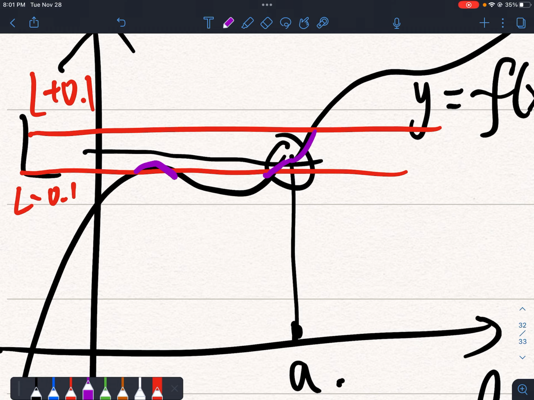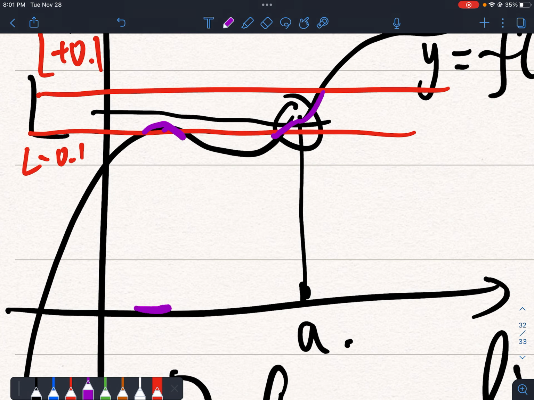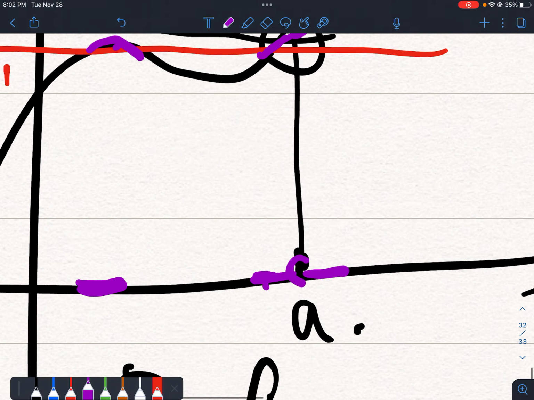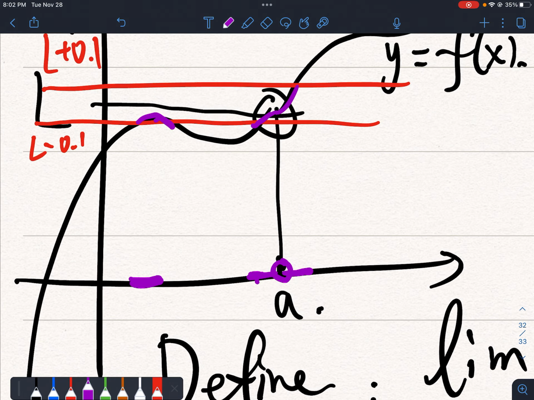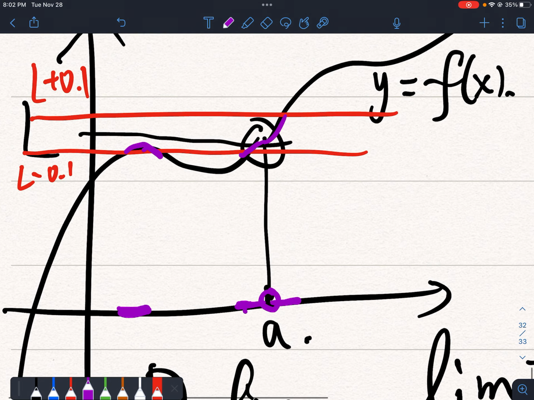If we project them to the x-axis, you will see that these are exactly the points, and we don't need this point to be defined. It is open, or deleted, here. So for all the x colored in blue on the x-axis, those are exactly the points whose f of x values are within L minus 0.1 and L plus 0.1.